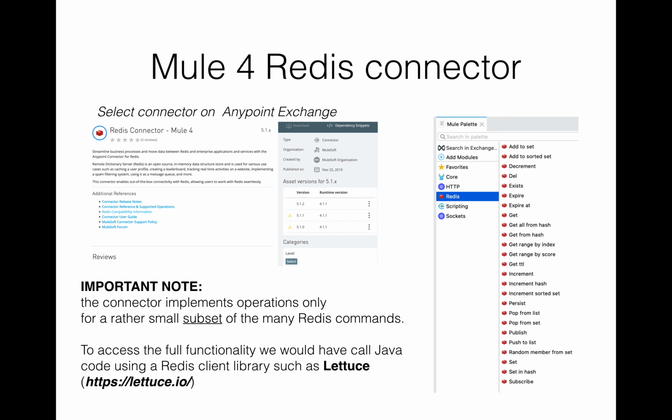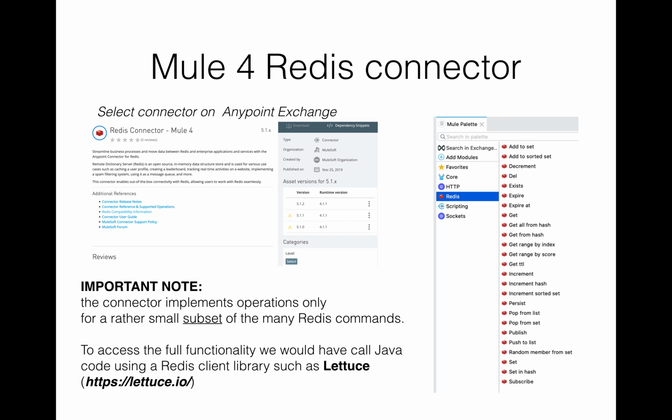Exactly the commands we're going to use relate to the sorted sets, and the expiration of the key. You can see from the top of the commands there is a command called expire at and expire.